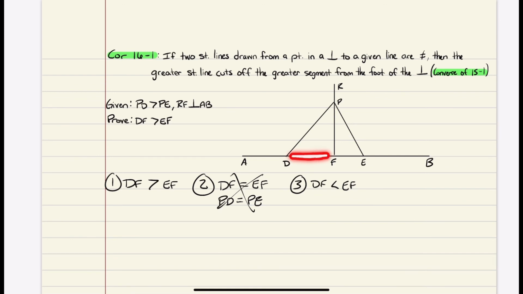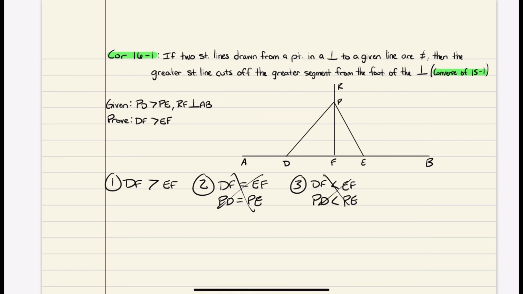If this is smaller than this, that means this has to be smaller than that. So let's write that down. If this is true, then we would have that PD is less than PE. Again, we find another contradiction. PD is already greater than PE. So if there's a contradiction, that means it cannot be true.